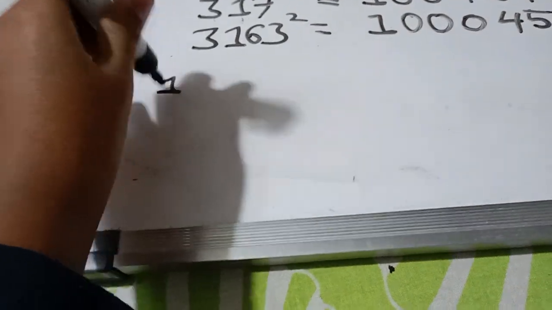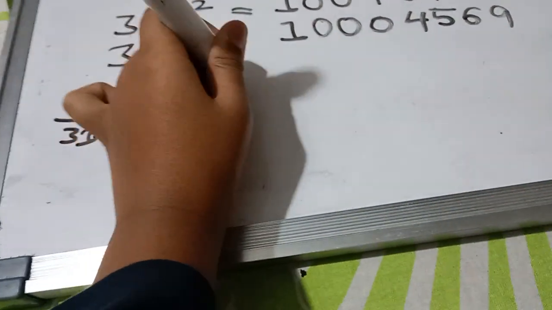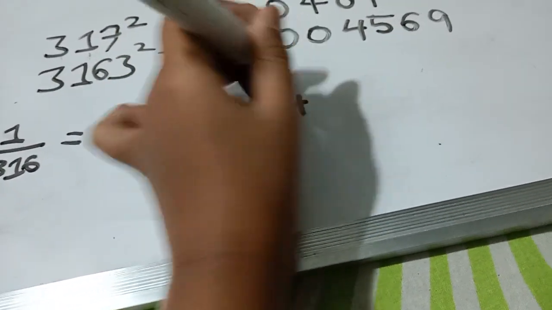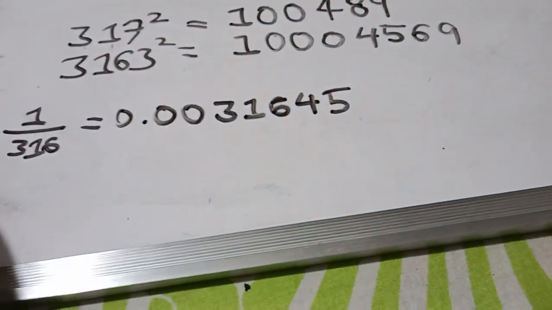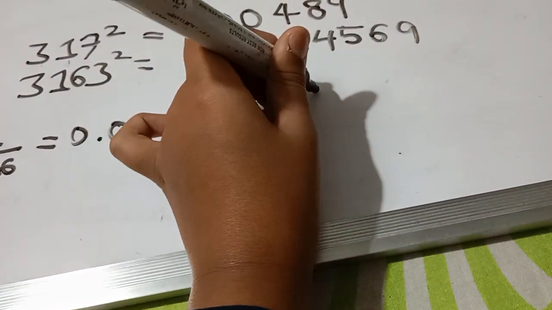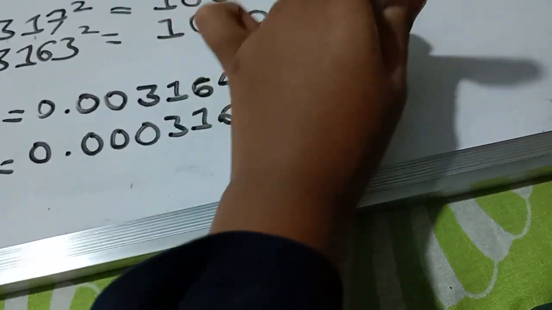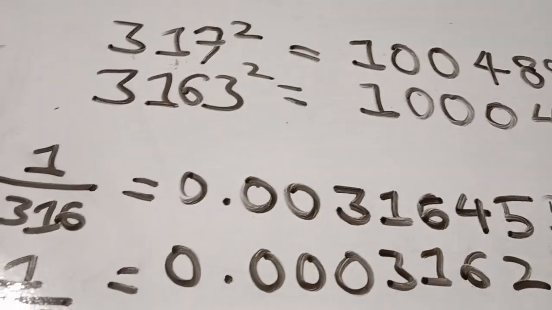You see, 1 divided by 316 is 0.003164557, and 1 divided by 3162 is 0.0031626.